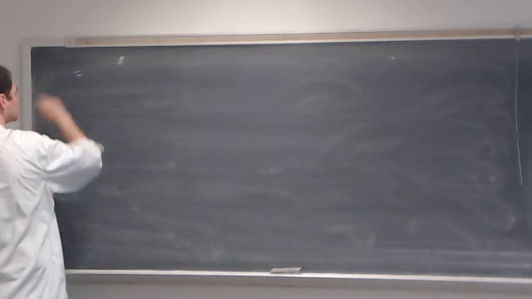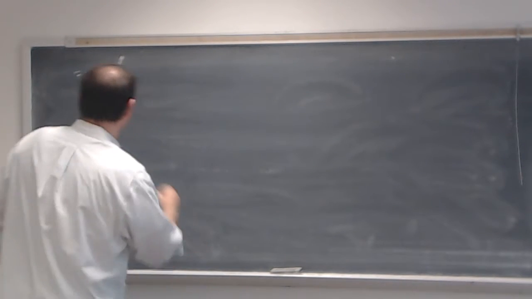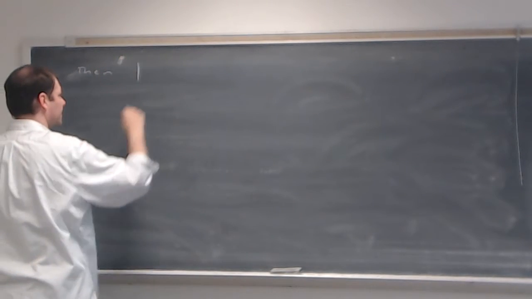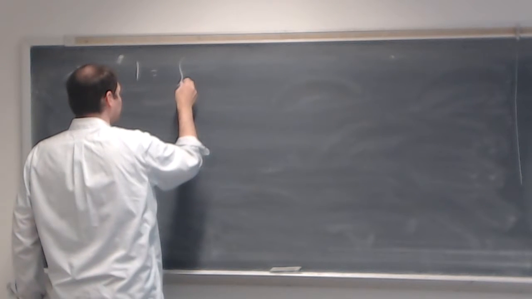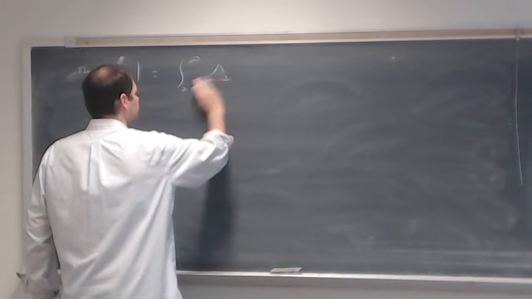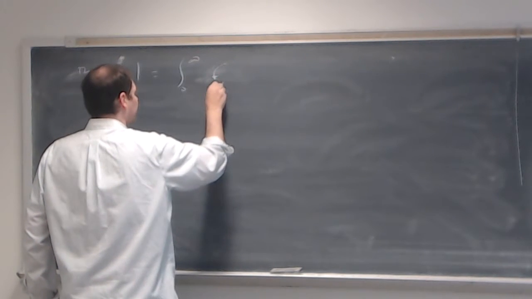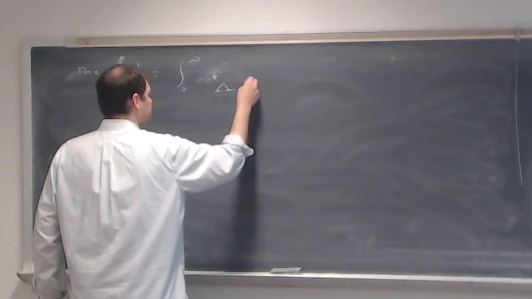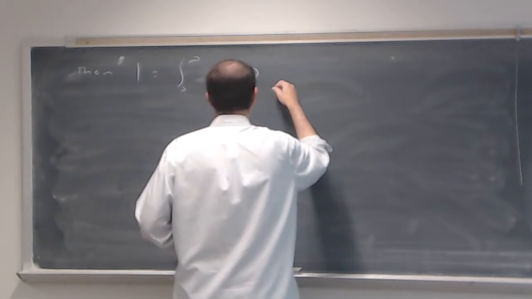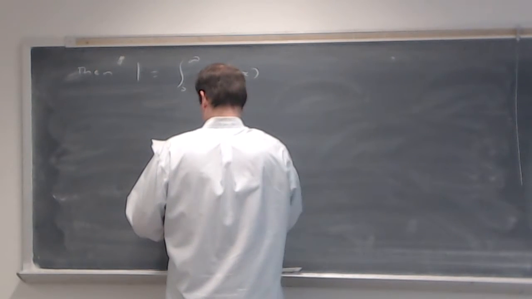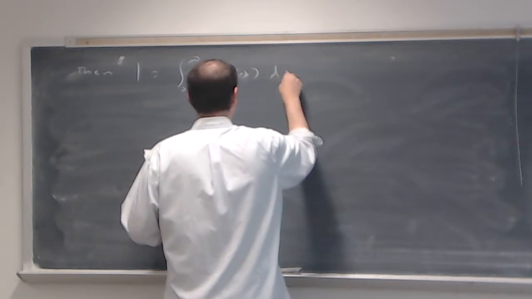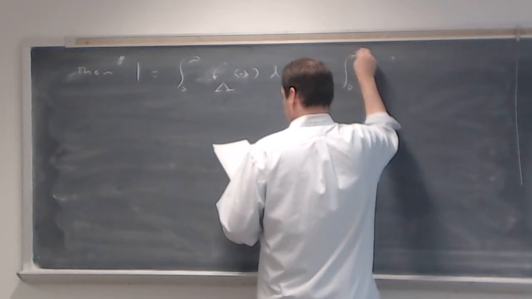Then 1 is equal to the integral from 0 to infinity of f sub lambda of x, I'll call it lambda, d lambda, which is equal to the integral from minus infinity to infinity.